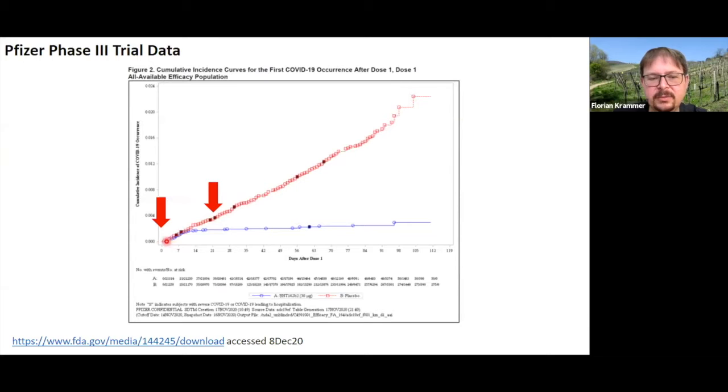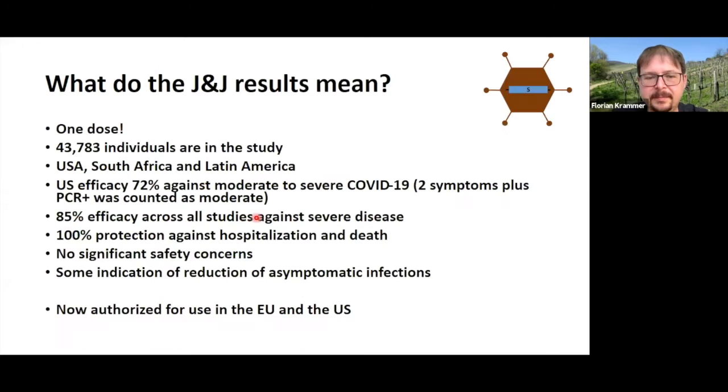And this red line here is basically people who were part of the placebo group, and you see there's a constant increase in cases. And in blue, we have people who got vaccinated. And you see that around day 10, when your immune system starts to really kick in, we see the separation of the blue line and the red line. And even before the second vaccination, people start to be protected, and this gets more solid afterward. So this is really a very nice separation. This is what you want to see.